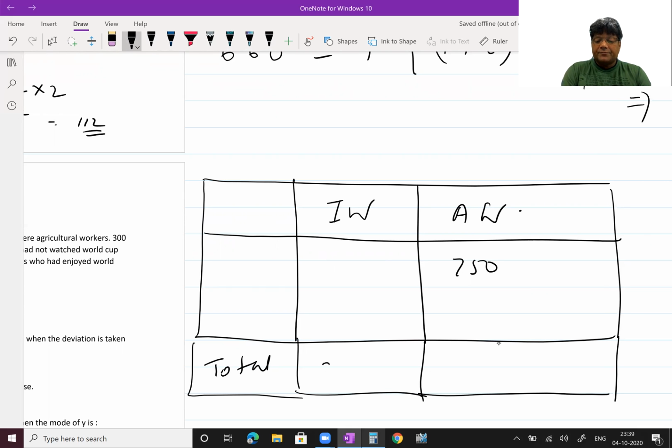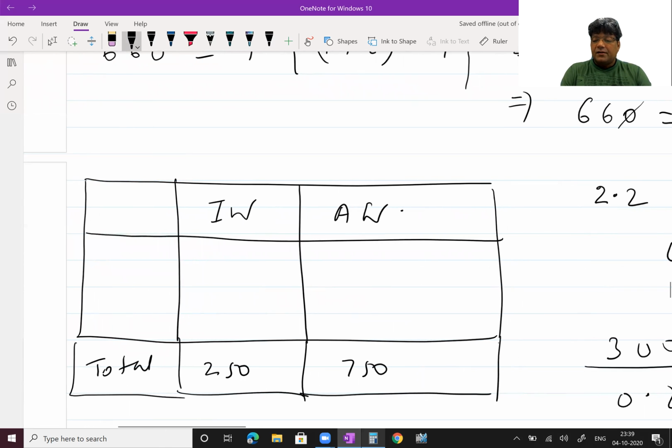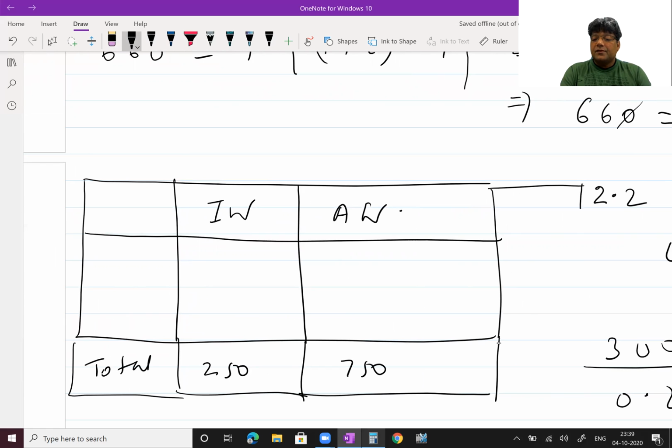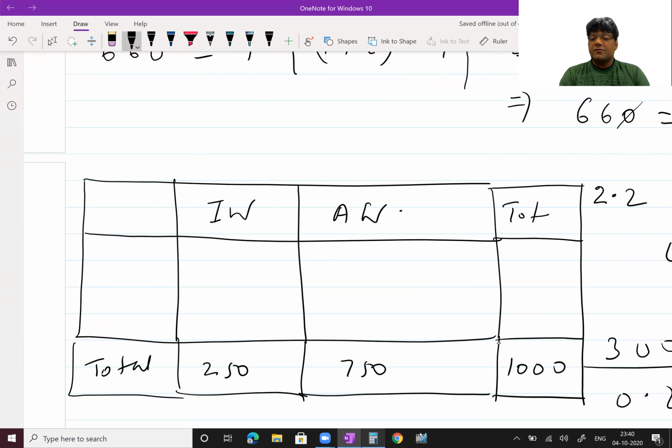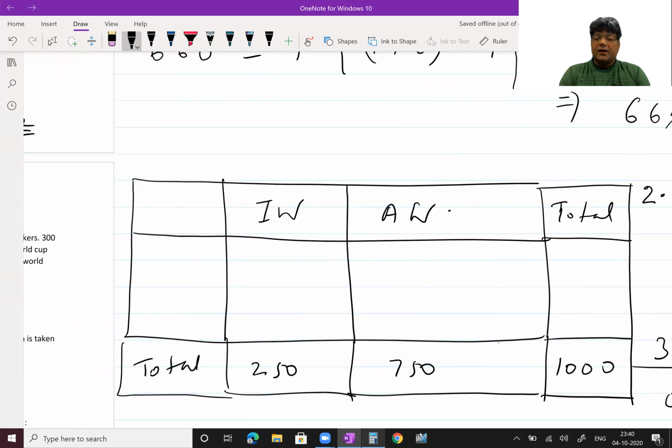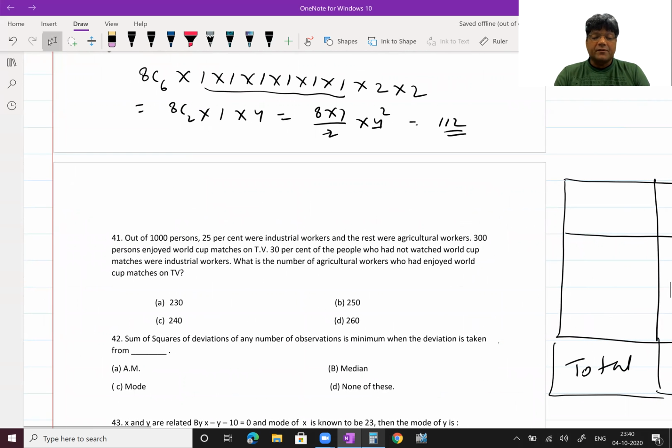It will come here. And total agricultural workers, the remaining 750. Yes, this total will be 1000. So from this side also it should be the total. And two more pieces of information must be given.